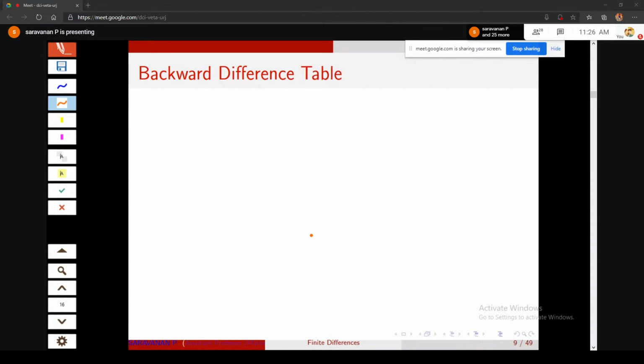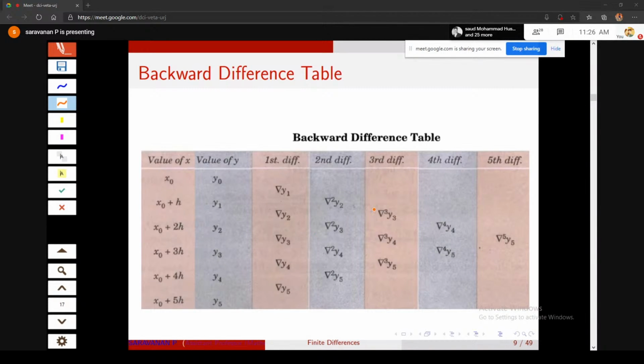Okay, then if I construct the backward difference table, you will get like this. So in the case of backward difference table, this last diagonal will be in terms of y5 and its backward differences. You see y5, del y5, del square y5, del cube y5, del power 4 y5. Similarly, this diagonal will be in terms of y4 and its backward differences. y4, del y4, del square y4, del cube y4, del power 4 y4.